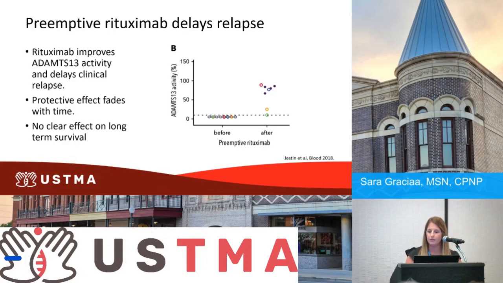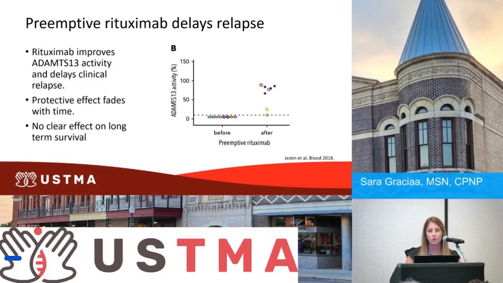3 months after rituximab, the ADAMTS13 activity level improved in 85% of the patients, and over half of them had a normal activity. Now, this figure demonstrates the ADAMTS13 activity level before and after rituximab. The dotted line there shows an activity level of 10%, and as you can see, almost all of the patients recovered functional activity.